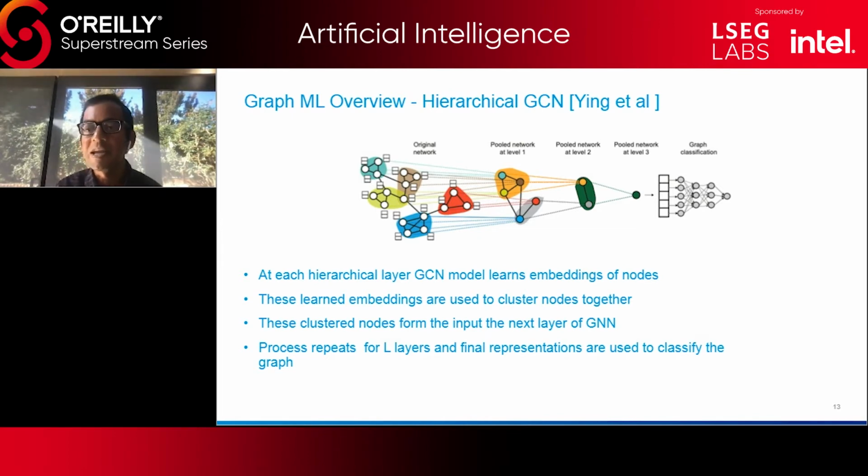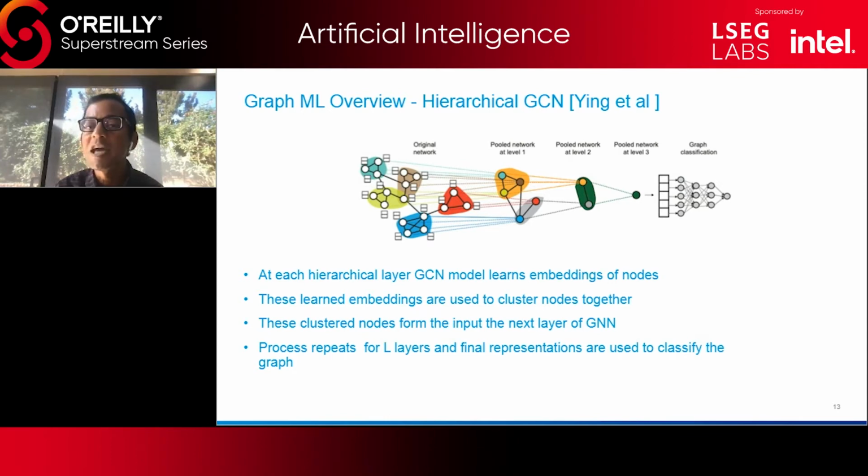For example, in our case, we have 200 types of restriction types. So we could use that as a way to seed it: we think there are 200 clusters available in this particular data. You can use that as a guiding point to determine how many clusters there are in this data. At each layer, you are dealing with a much smaller graph because of the hierarchical GCN.